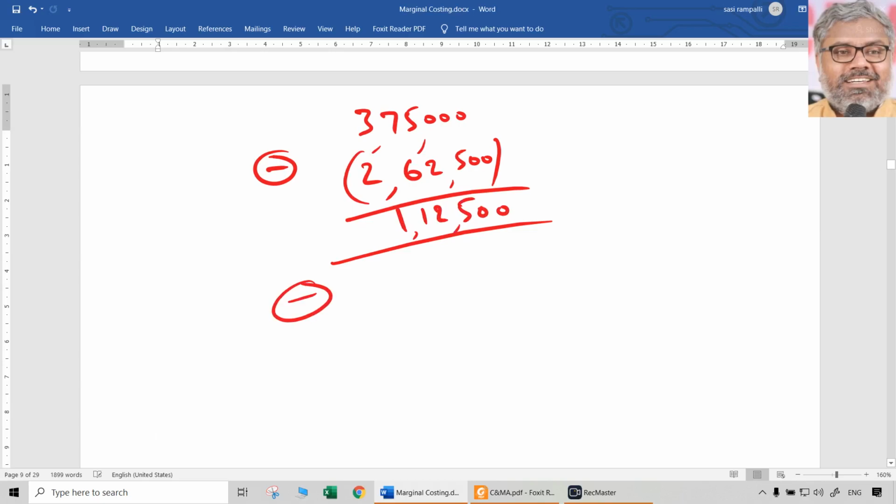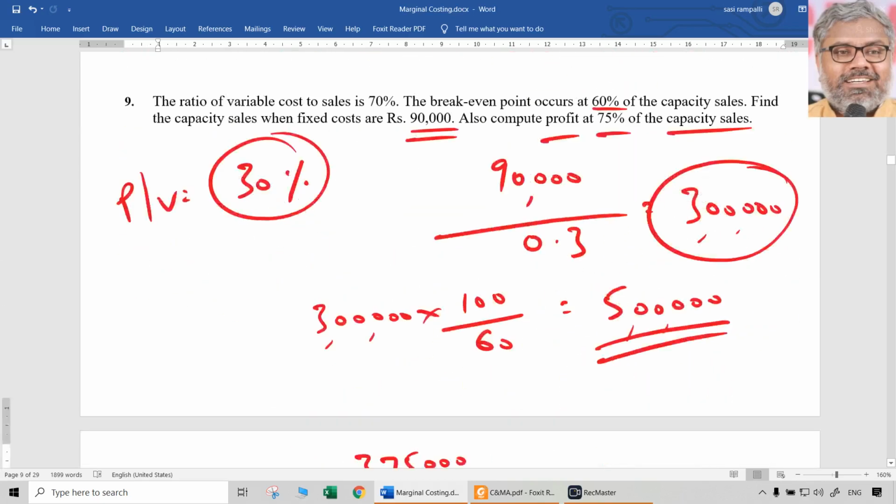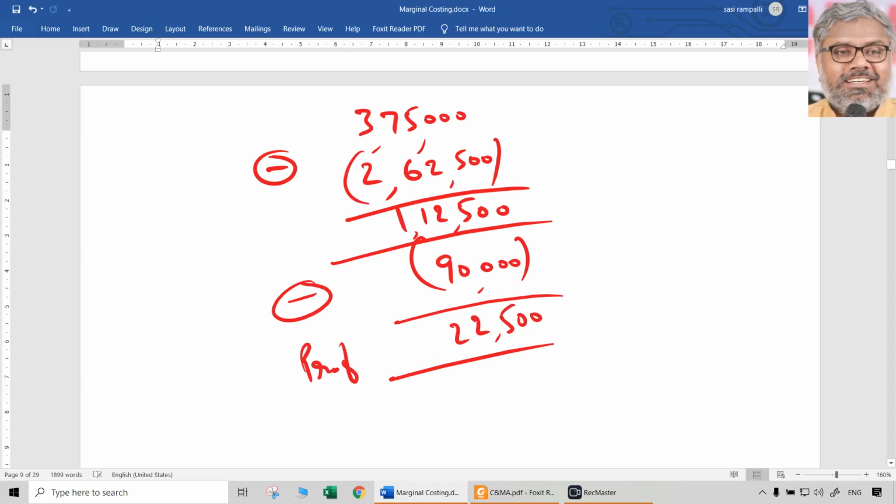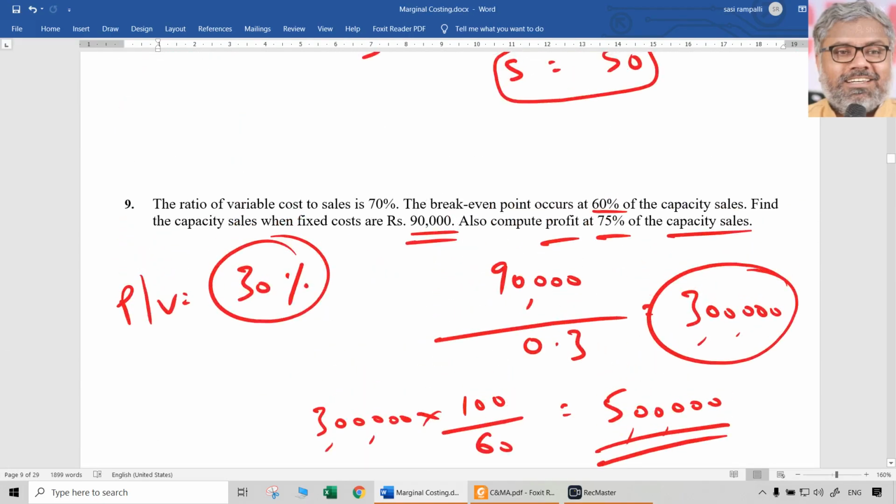Deduct fixed cost, which is already given as 90,000, right? When you deduct fixed cost 90,000, what will be the profit? 22,500. That's what is asked, the profit if 75% of capacity sales have been achieved.